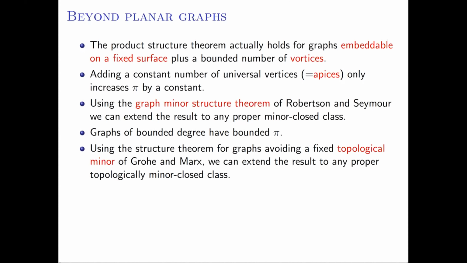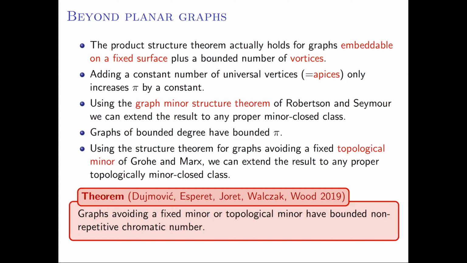And the simpler graphs are either graphs embeddable on a fixed surface with bounded number of vertices and apices, or graphs of bounded degree. But these two have a bounded non-repetitive chromatic number. So again, we get that graphs avoiding a fixed topological minor, they have bounded non-repetitive chromatic number.